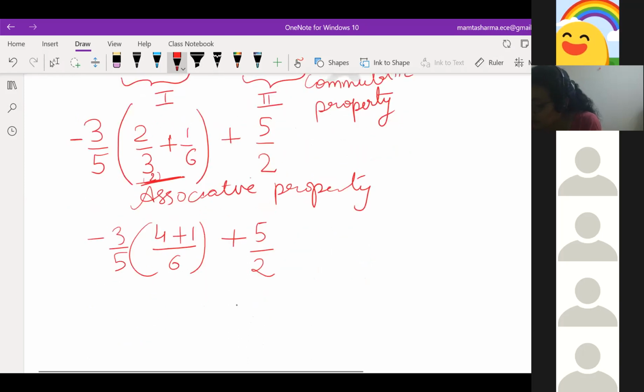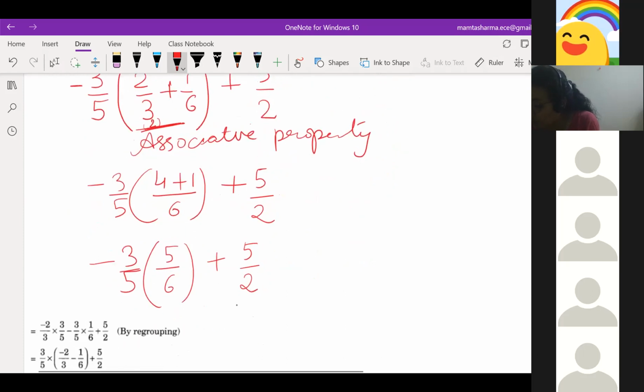Correct? Now this is minus 3 by 5 times 4 plus 1 by 6, and 5 by 2. Now see, they are in multiplication. This 5 would cancel out, and you can cancel this 3: 3 ones are 3, 3 twos are 6.